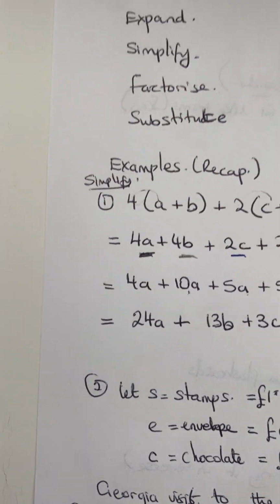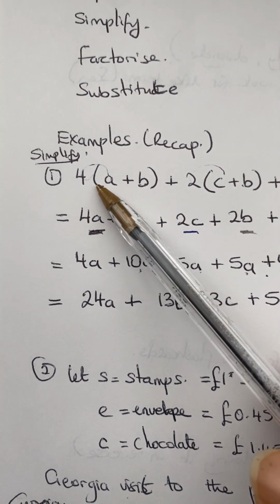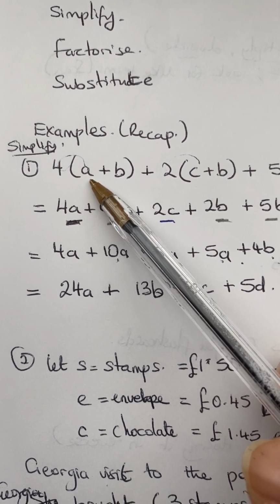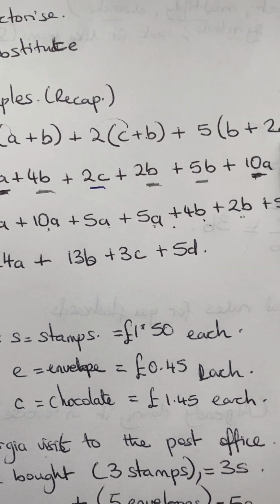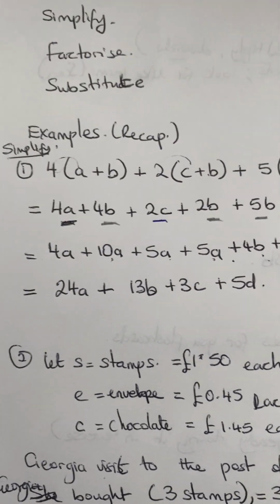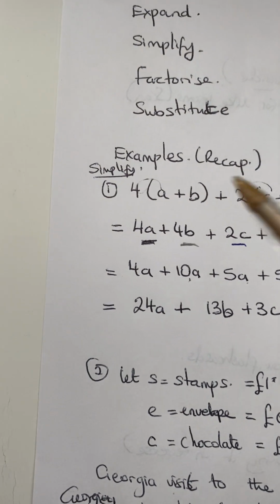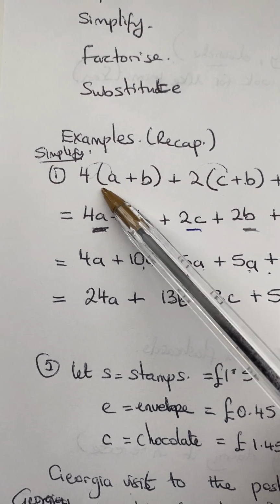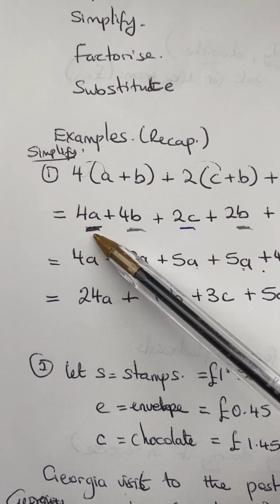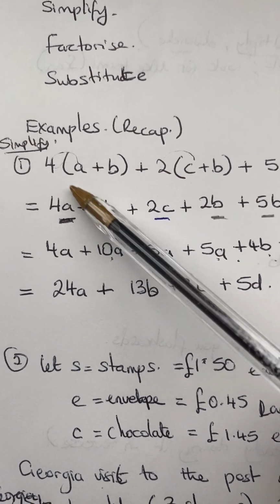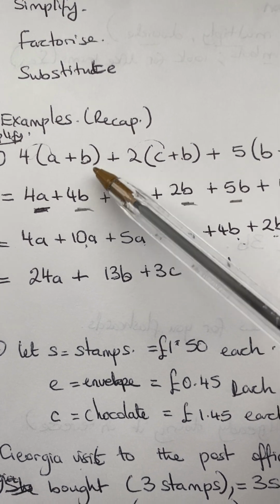Okay, so let's see what we have here. So 4 into bracket a plus b, and I will solve each and then put all together and simplify. Okay, so 4 into bracket a plus b will be 4a plus 4b. So this is done.